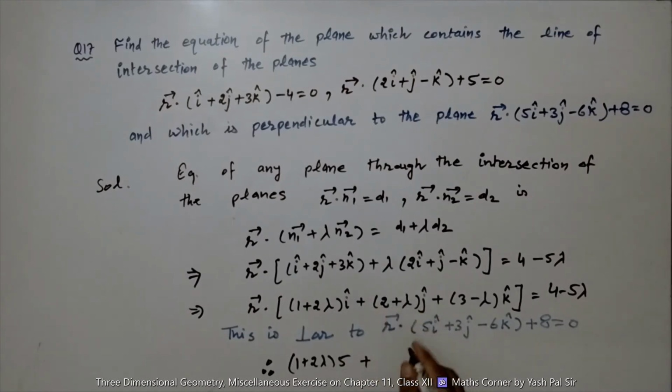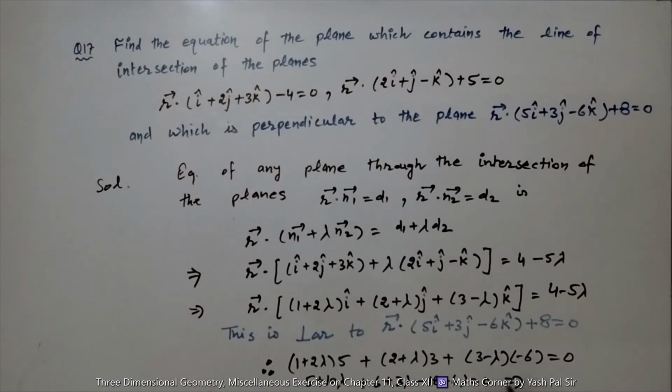The coefficient of j is 2 plus lambda, and the other is 3. The coefficient of k is 3 minus lambda, and the other is minus 6. A1 A2 plus B1 B2 plus C1 C2 equal to 0. Solving this, 5 plus 10 lambda plus 6 plus 3 lambda minus 18 plus 6 lambda is equal to 0.